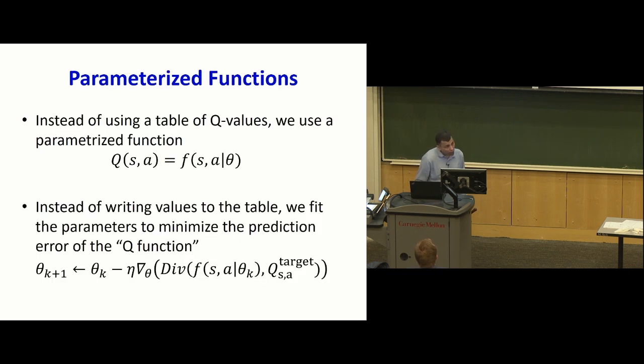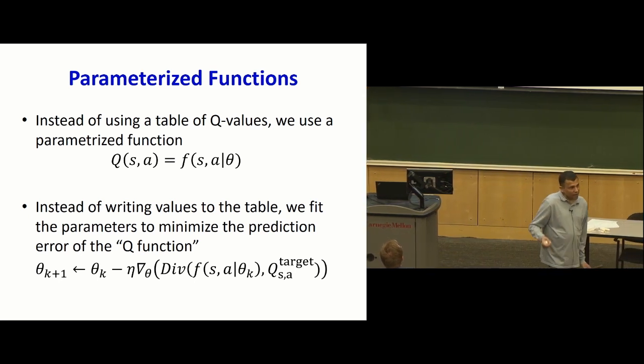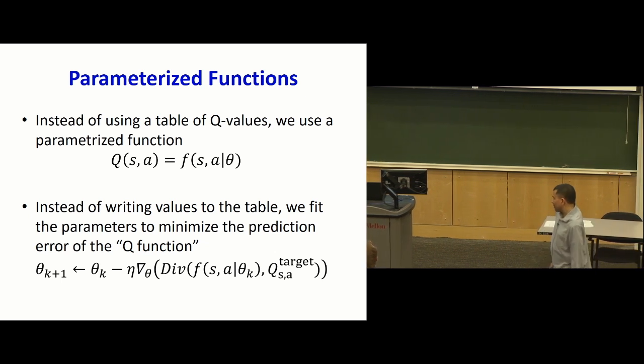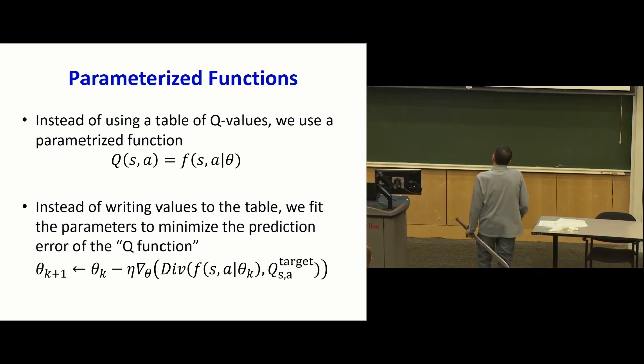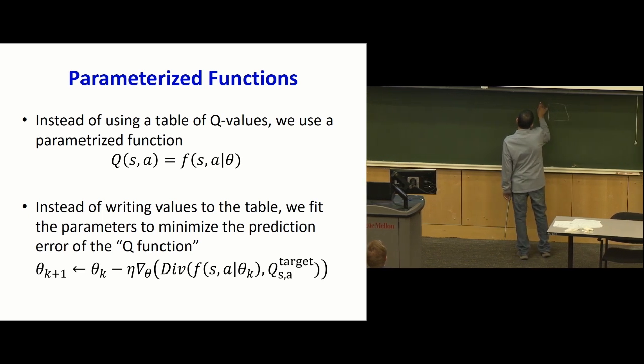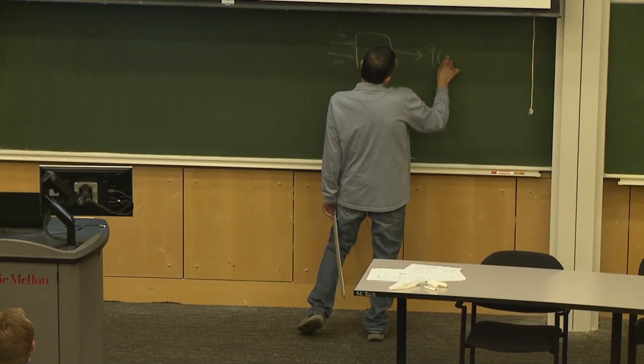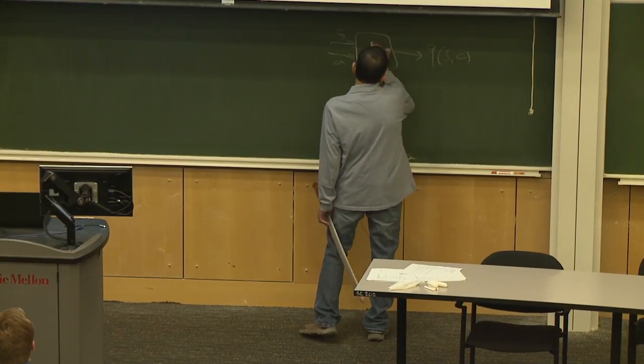So what we will do is to change this to a parameterized function. You're going to have a function f, and this function, if I feed it a state, I feed it an action, that's going to give me Q(S,A).